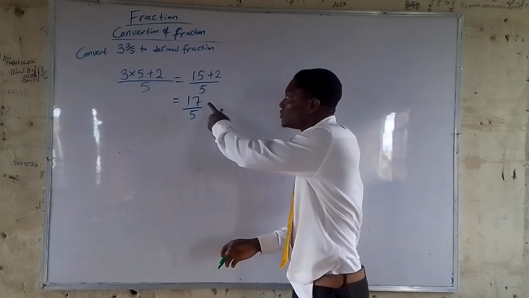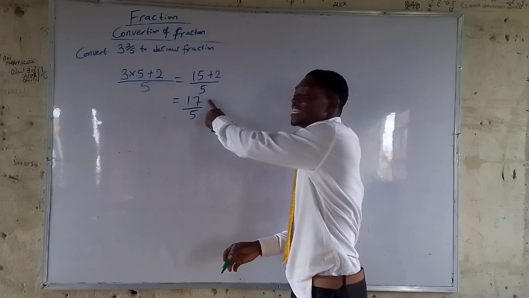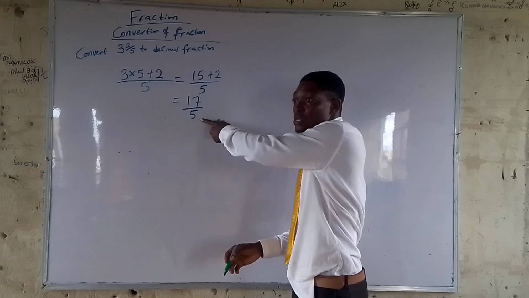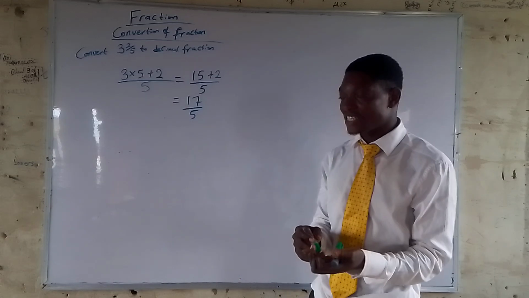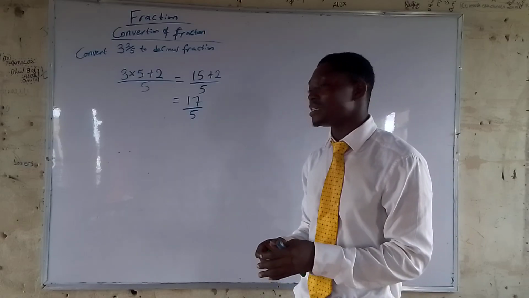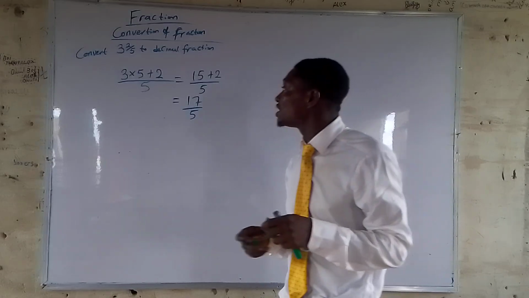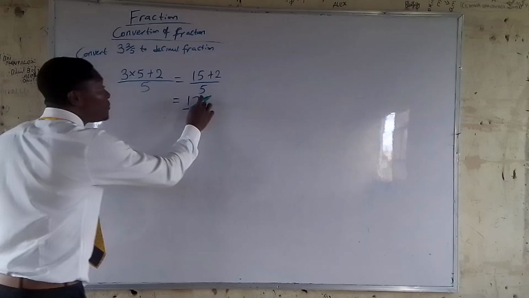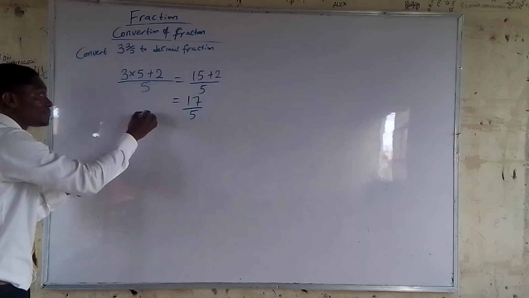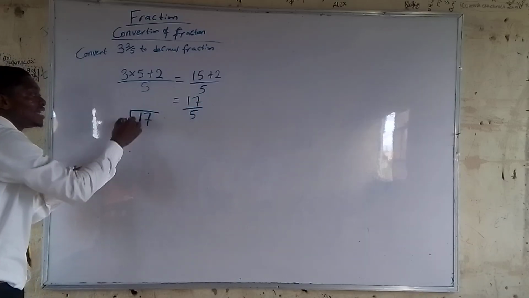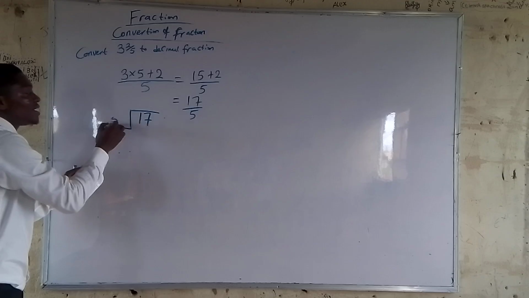So our aim now is to convert this 17 over 5 to a decimal fraction. And to do that, you use your long division. Remember you have here 17, you write this and you divide by 5.